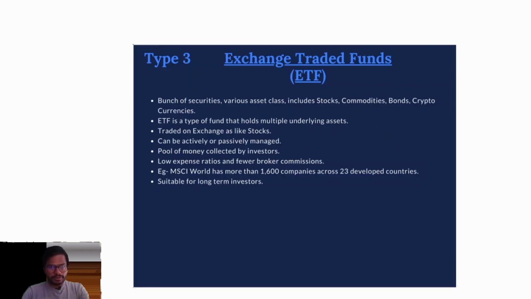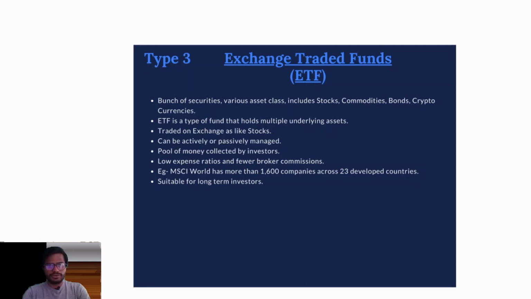Come to the next part, type 3, exchange traded fund, ETF. This is a really commonly practiced form of investment in Germany. And what is this fund? This is the fund where you have a multiple bunch of securities. Let's take the same example, MSCI World. They created a fund which has stocks from 1600 companies across 23 developed countries.